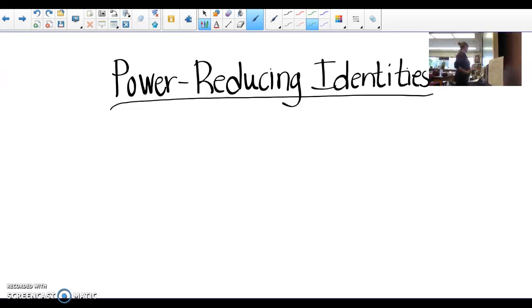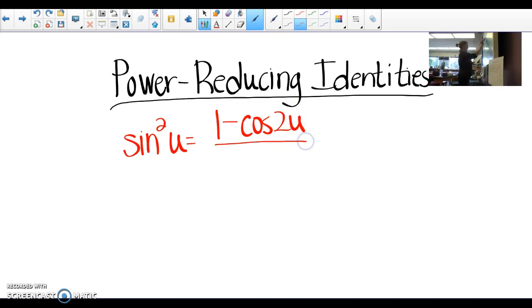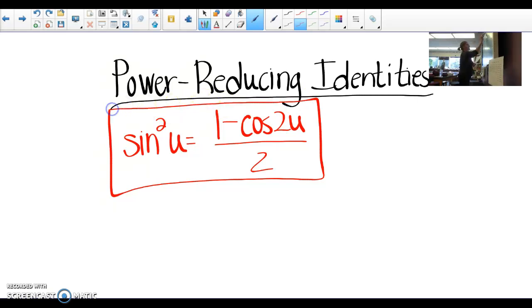All right, let's look at our power reducing formulas. Write these down in your notes. Sine squared u equals 1 minus cosine of 2u divided by 2. That's one of them. Let's put it in a box.